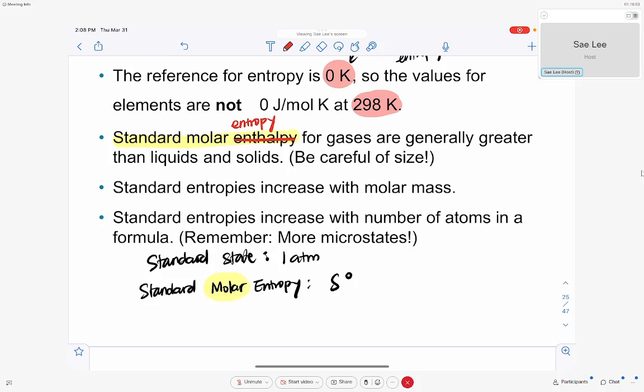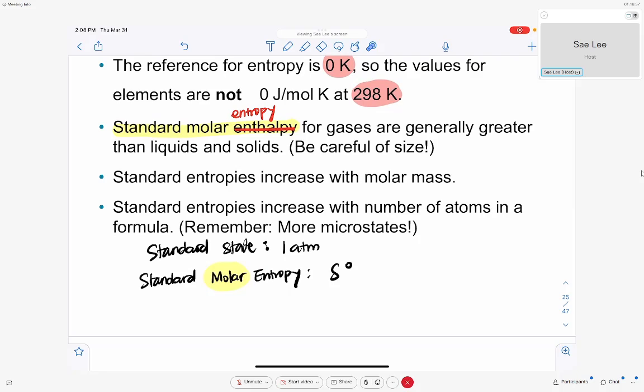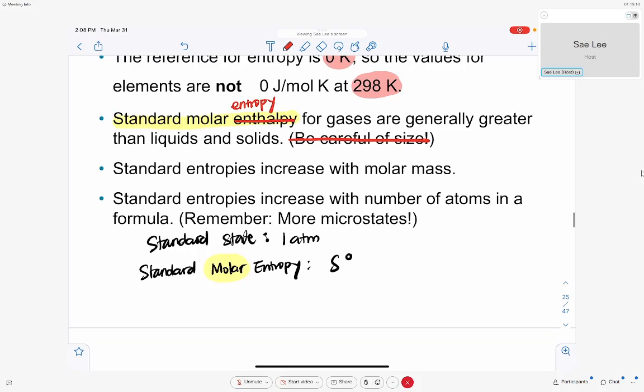It should be entropy. Someone asks what it means when it says be careful of size. Cross that out too. So change enthalpy to entropy and then cross out be careful of size.